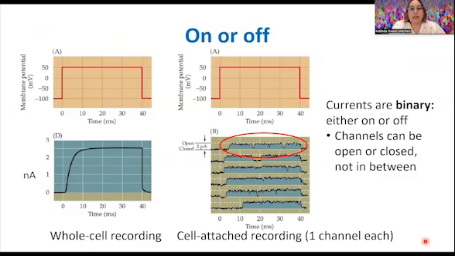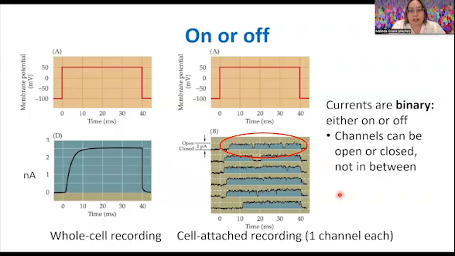All right. So one of the things you might have noticed here is that this trace, as it's going up, is anywhere from 0 to 2.5 nanoamps. Here, though, we see that the currents are more or less binary. The channel is either off, like it is here, or it's on, and it's up here at 2 picoamps.